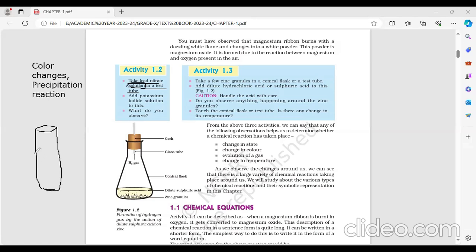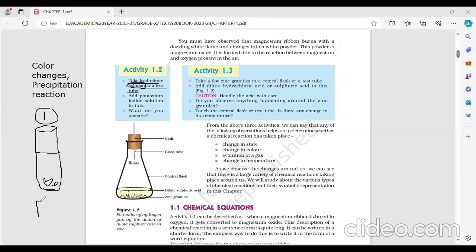Now imagine I took a test tube and added water in it. Then I took lead nitrate and added the salt to this test tube. That is what it says: take lead nitrate solution in a test tube. I'll write the formula of lead nitrate as well. In grade 9 we studied the crisscross method, right? I'm not going to explain that now, but you should remember the formula of lead nitrate.